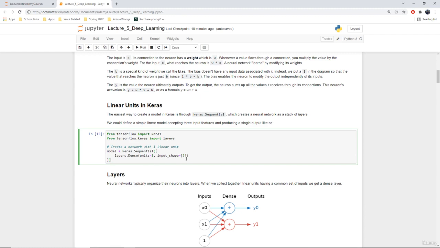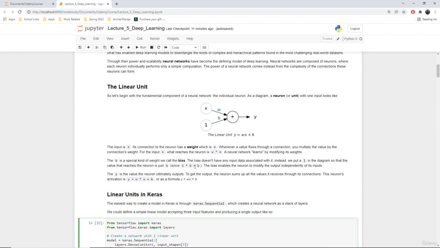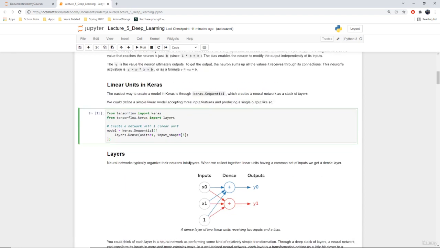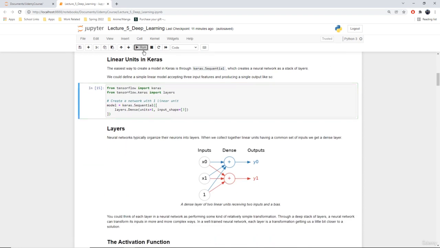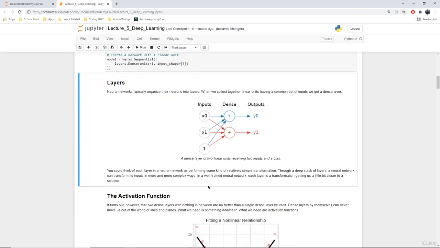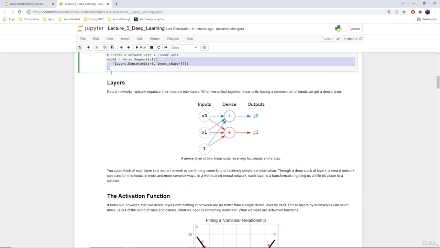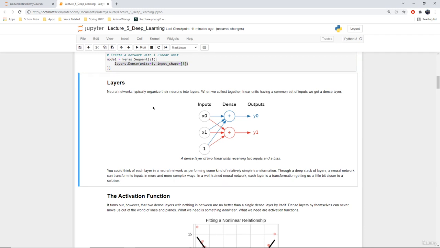This is a single dense layer. Let's run this slide. We actually don't get an output. We're just designing the architecture for now. You might be able to predict from the fact that we're passing a list that we might pass in multiple arguments here eventually, and that's exactly what we're going to do.